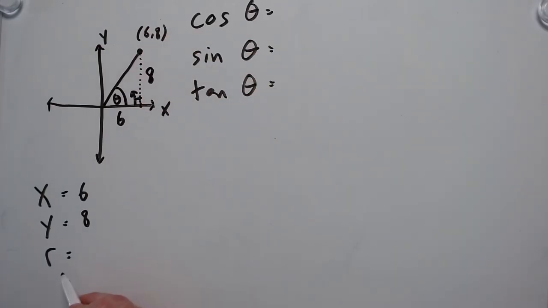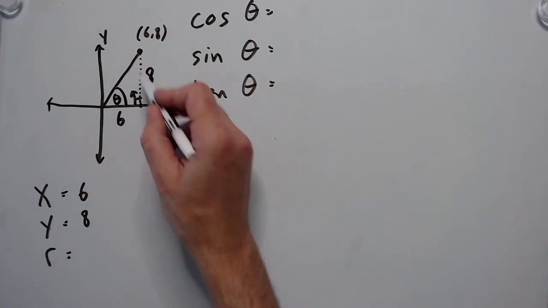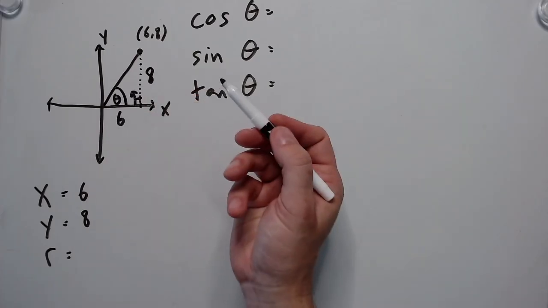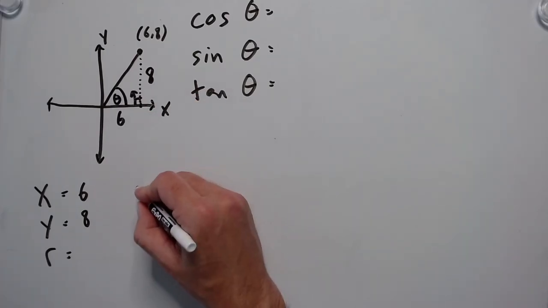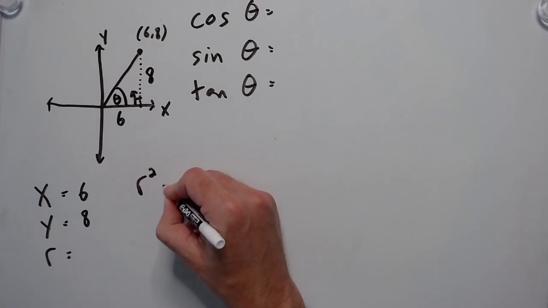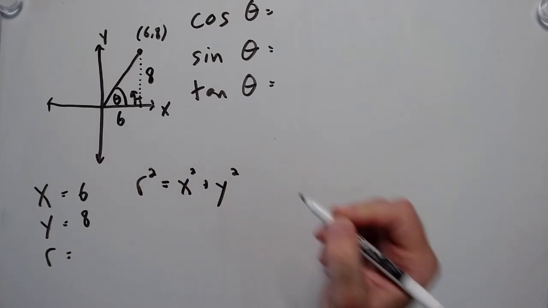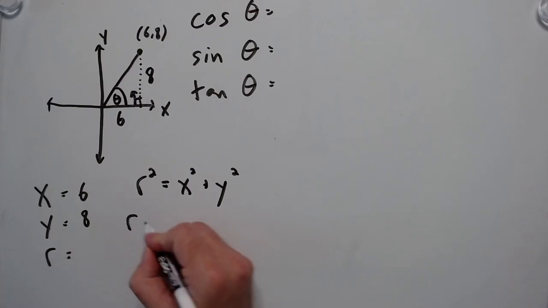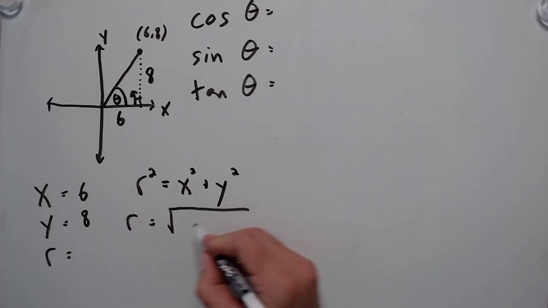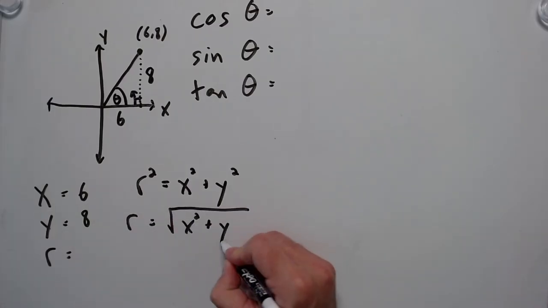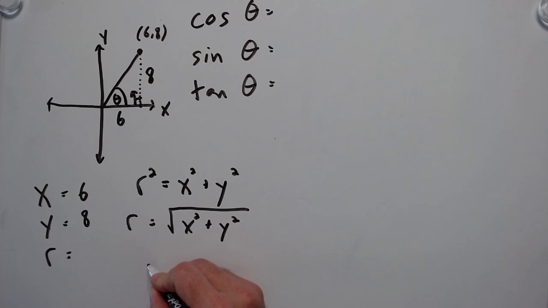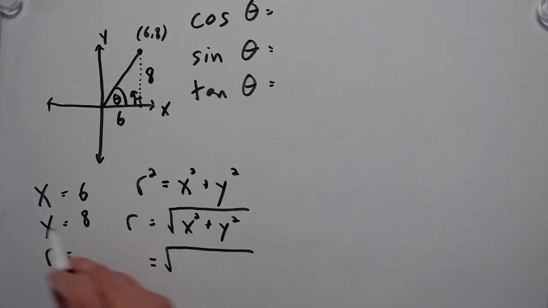What about the radius? Well, we don't have that. But we have a right triangle, so good old Pythagoras, right? So we know that r squared equals x squared plus y squared. Or that r is equal to the square root of that same sum. So what's x squared? X is 6.